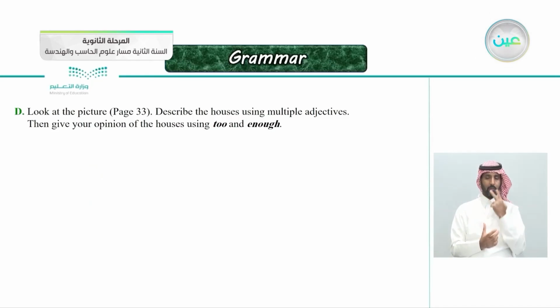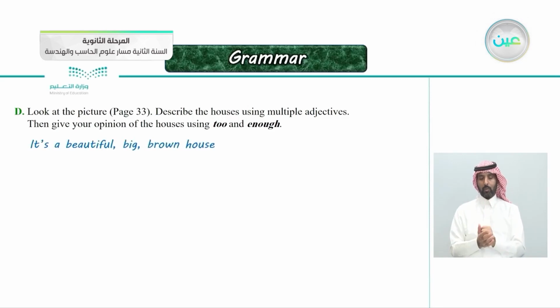Look at the picture, page 33. Describe the houses using multiple adjectives. Then give your opinion of the houses using too and enough. So this is, of course, up to you.